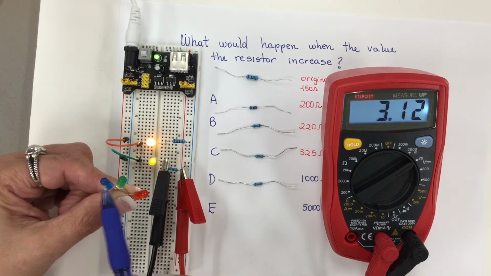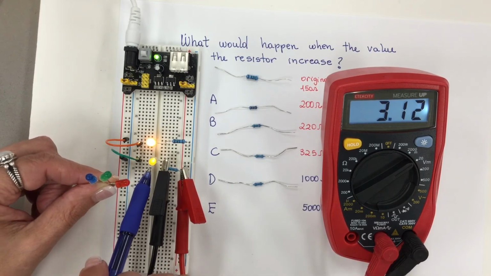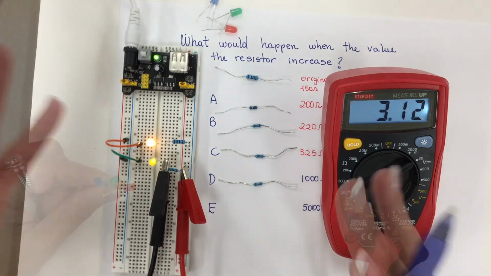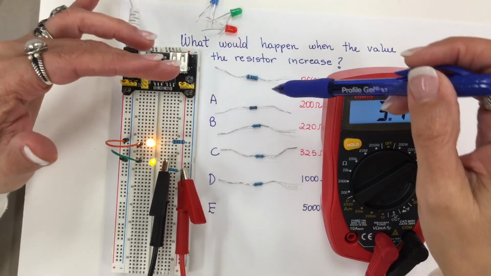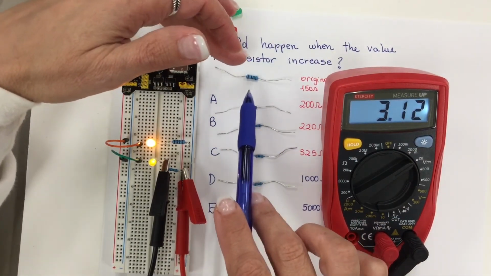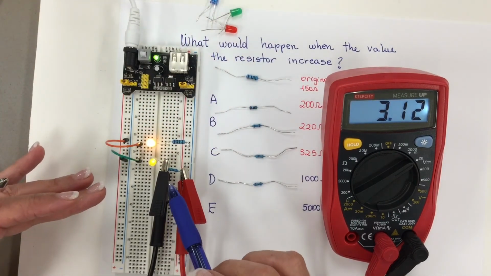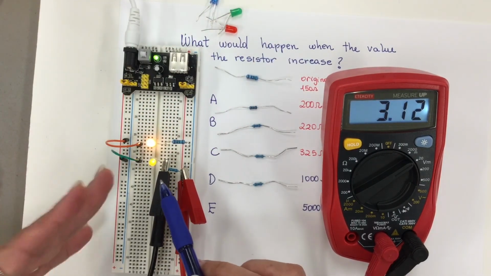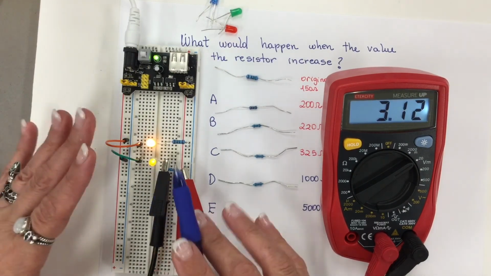The other two respond the same way that this yellow is doing right here. So it's safe to say that any resistor greater than the minimum value, which is 150 ohms, can be used to operate a LED. The brightness will be affected, but everything will be preserved.